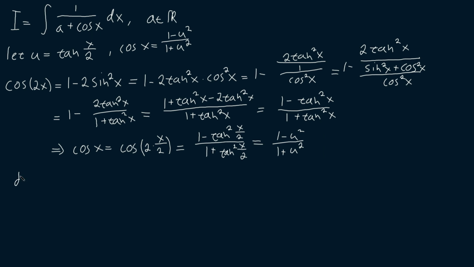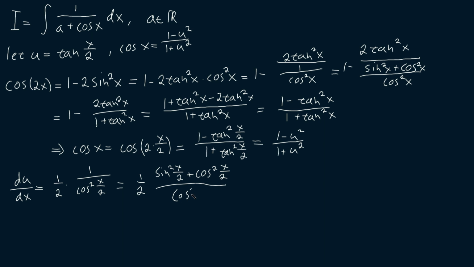First, we note that du over dx is equal to 1/2 times 1 over cosine squared of x over 2, since the derivative of tangent of x would be 1 over cosine squared of x, and we have the inner function x over 2 whose derivative is just 1/2. Then this is equal to 1/2 times sine squared of x over 2 plus cosine squared of x over 2 divided by cosine squared of x over 2, so we use the same trick as we did with the cosine part.